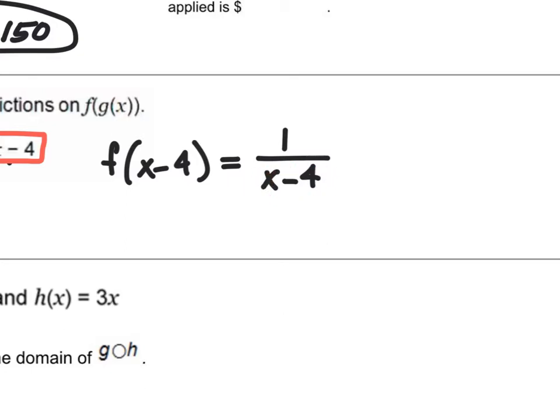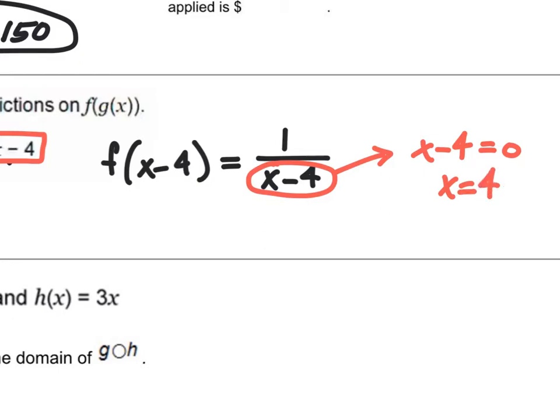So I'm going to take x minus 4 and set that equal to 0. If I solve this equation, I get that x is equal to 4. This is the value that makes f of x undefined.